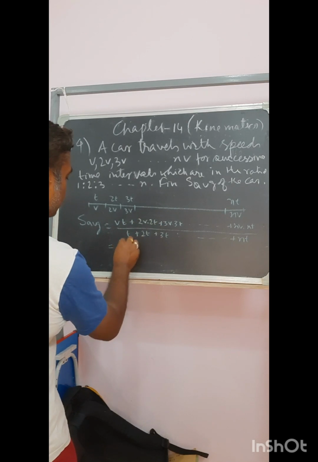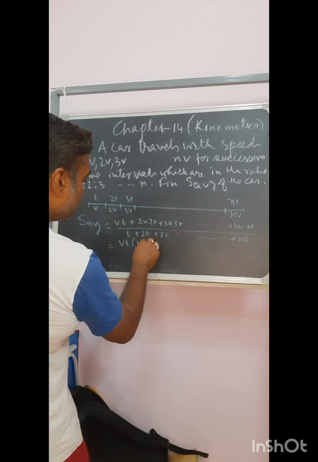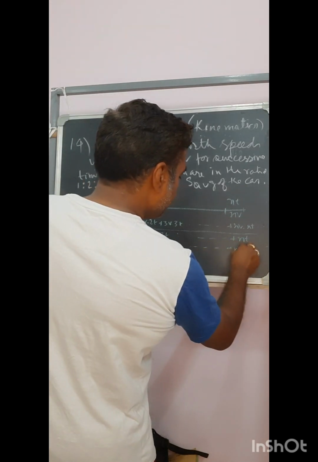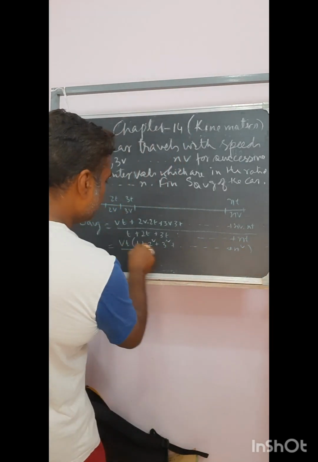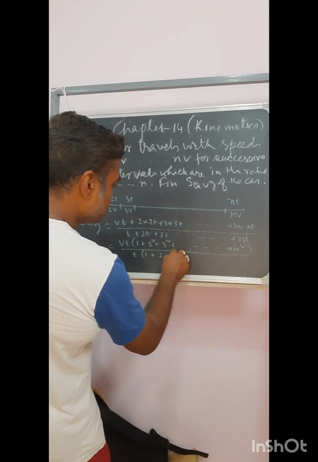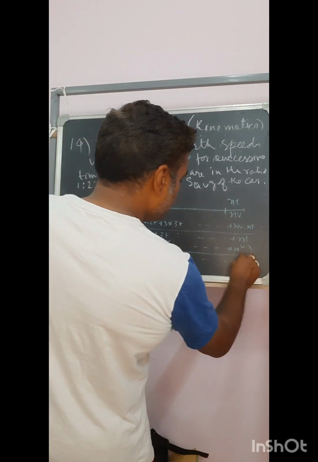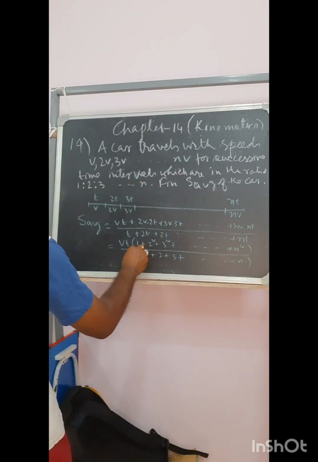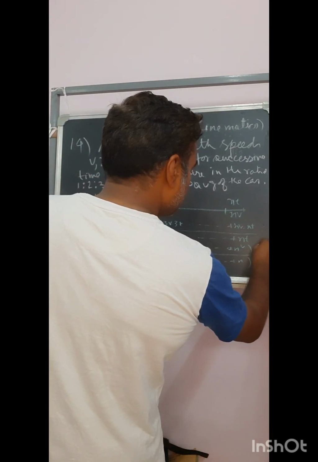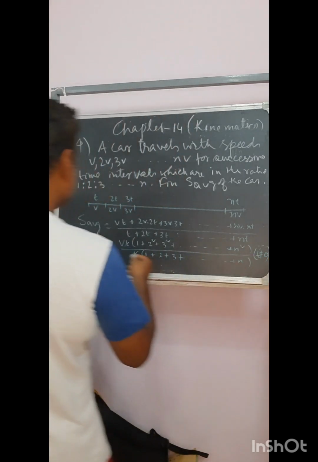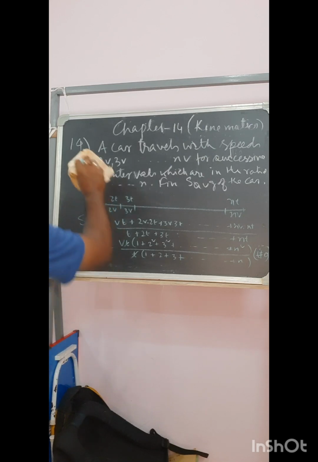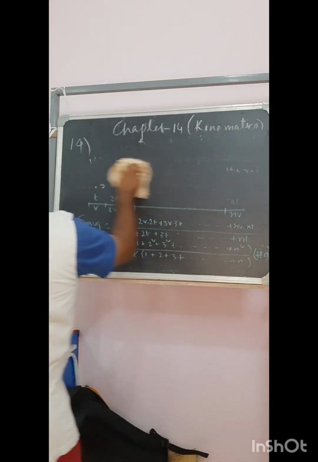If I take vt common, the top becomes 1 plus 2 square plus 3 square up to n square, and the bottom is t times (1 plus 2 plus 3 up to n). I can cancel t, assuming t is not equal to 0, because if t is 0 there is no motion and so no calculation.